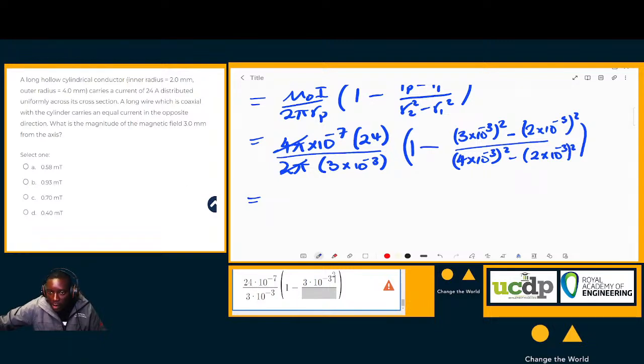Okay, don't trust that. Let me put a proper bracket there and square that, right? Subtracting minus open bracket 2 times 10 to the minus 3 close bracket and square it.